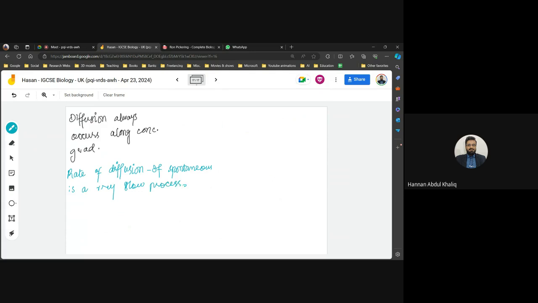Extremely slow process if it is left to occur on its own. But there are factors through which we can increase the speed.